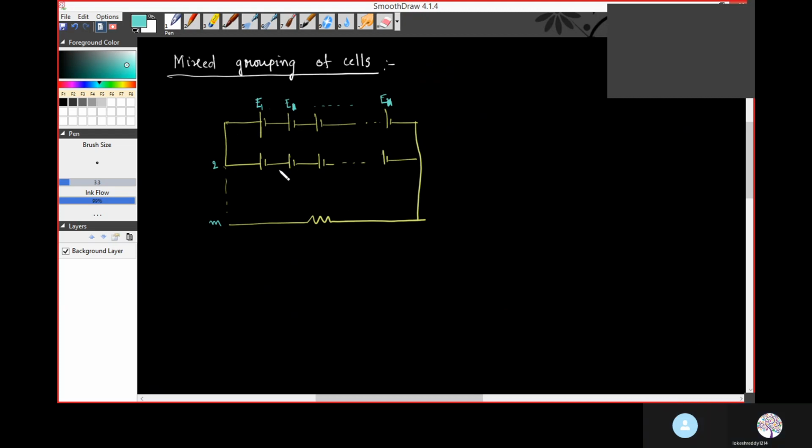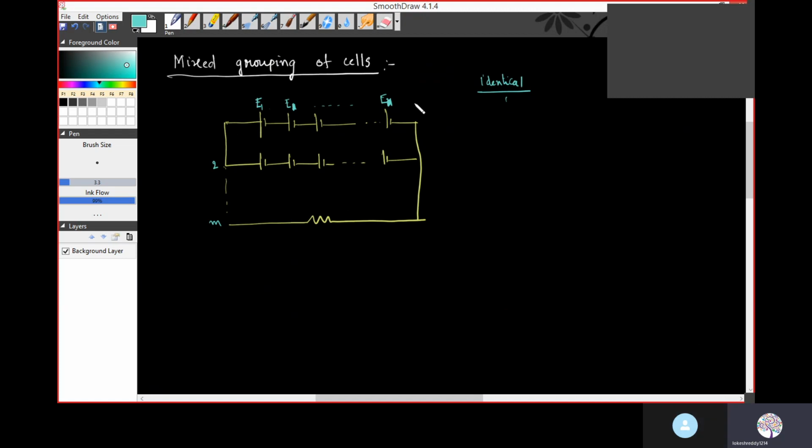N identical cells are connected in a row, and M rows like that. So what I have done is I took identical cells, in each row N cells are there, and like that M rows I have connected.